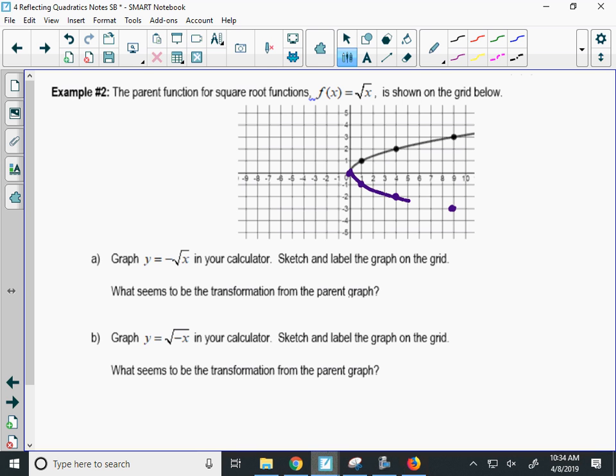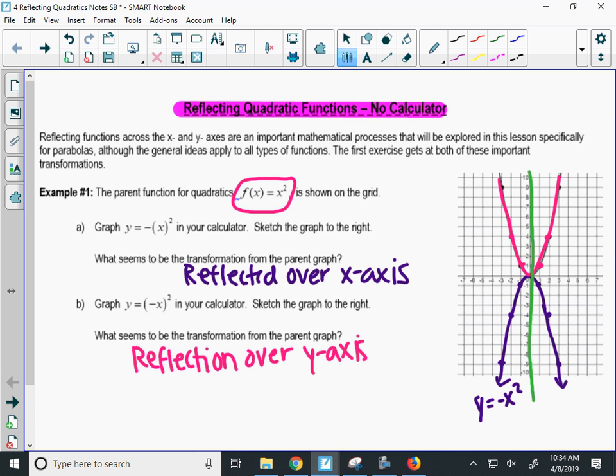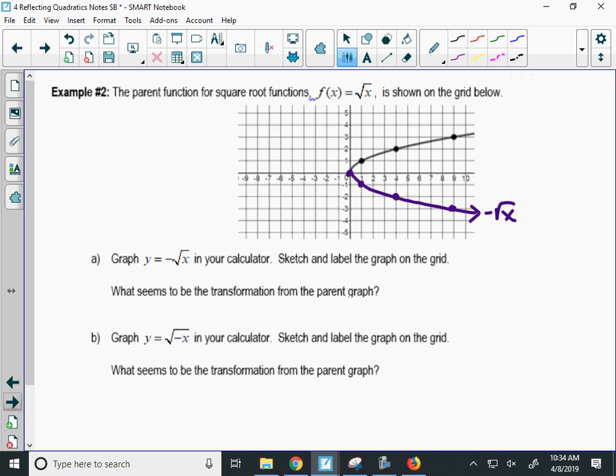So this graph is negative square root of x. And similar to the purple graph up here, it looks like that graph was just reflected over the x-axis again. And it was just flipped upside down over the x-axis.